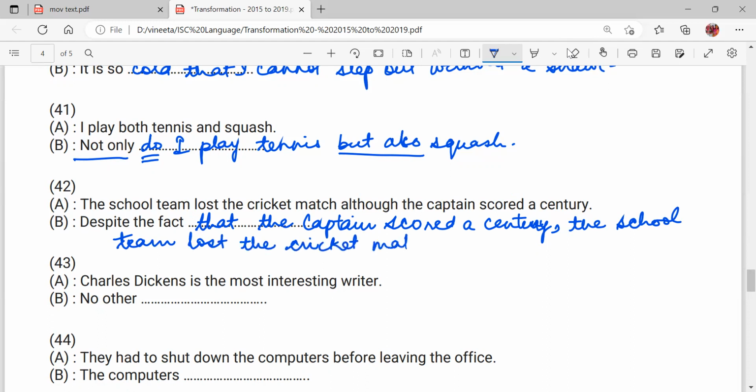Now here I would like to tell you that despite means in spite of. Okay, we use of with in spite, not with despite. Despite is used alone. We do not use of with it. We use of with in spite. In spite of means despite, right?